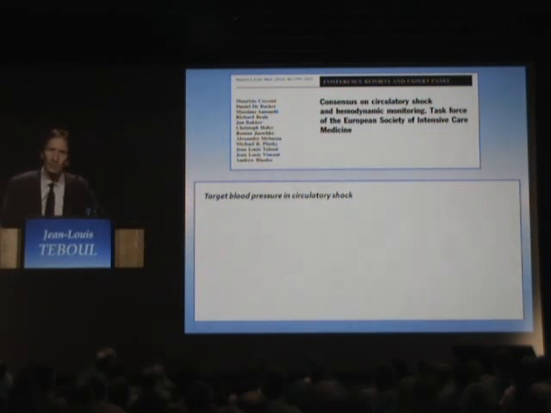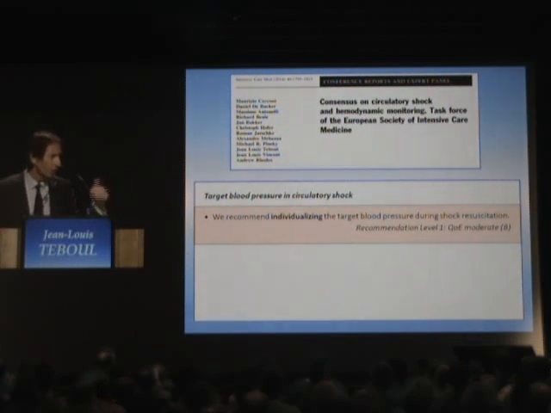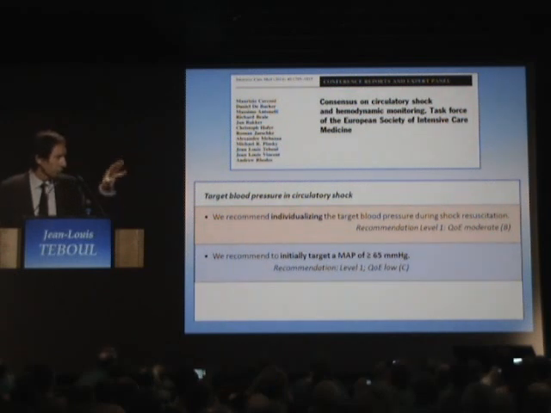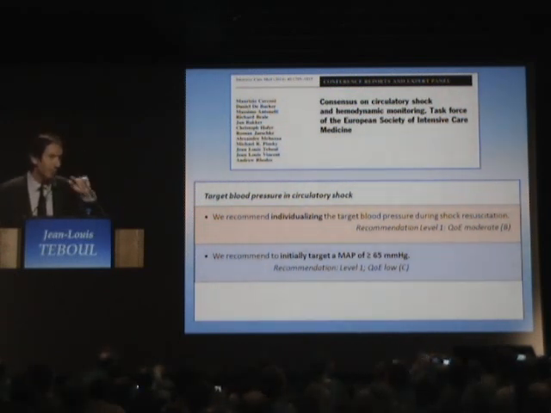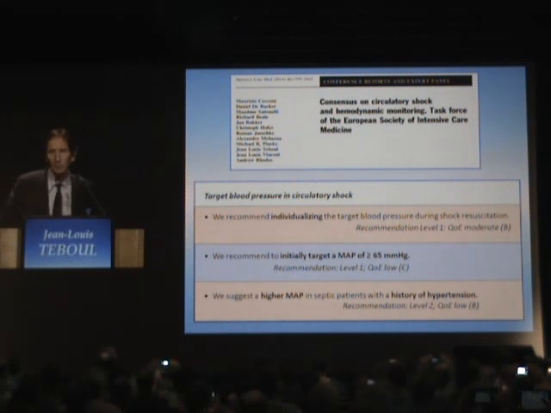This is a report by the ESICM, the European Society of Intensive Care Medicine, and what this report is saying is that you have to individualize your approach to target the blood pressure, and in particular you have to initially target a MAP of at least 65, but maybe think about a higher MAP target in case of a history of chronic hypertension.